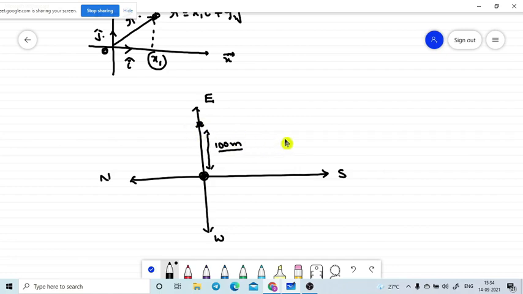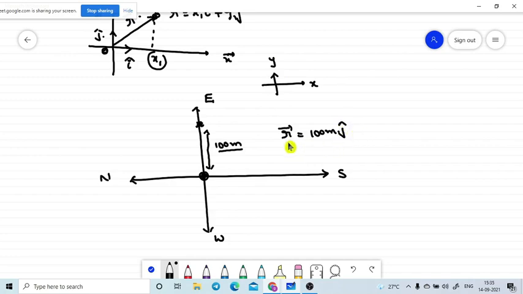What is the position vector here? R bar is equal to 100 meters in the j cap direction. If we take the x coordinate system, the horizontal axis is the x axis and the perpendicular axis is the y axis, so in the y direction the unit vector is j cap.